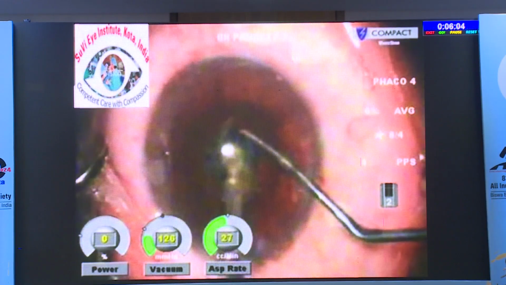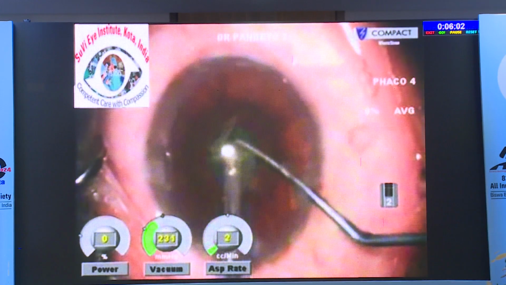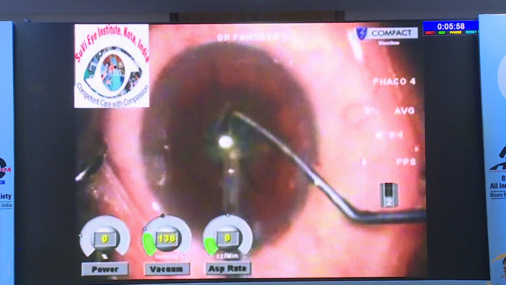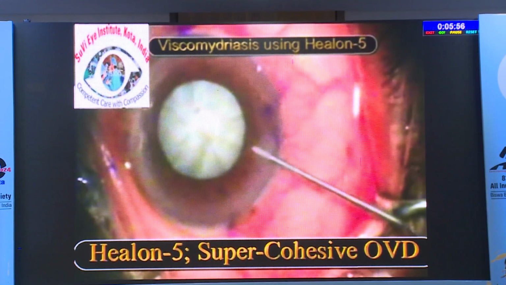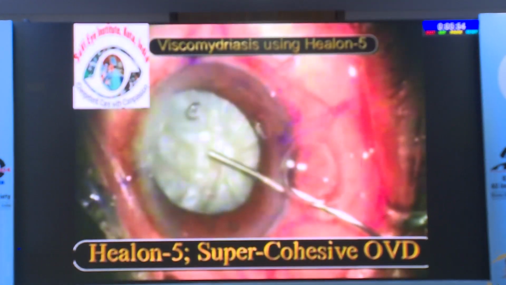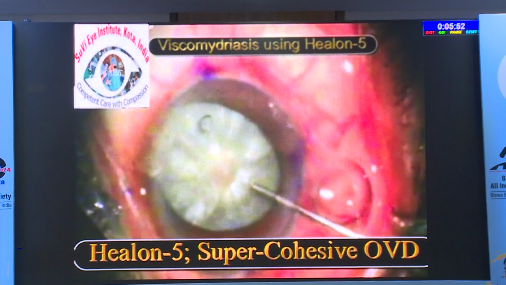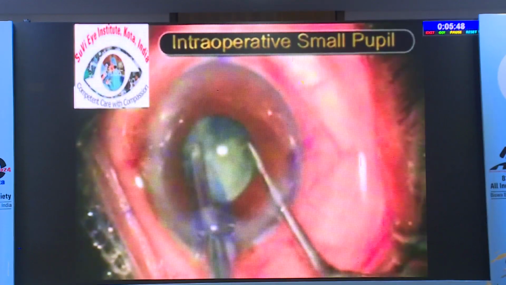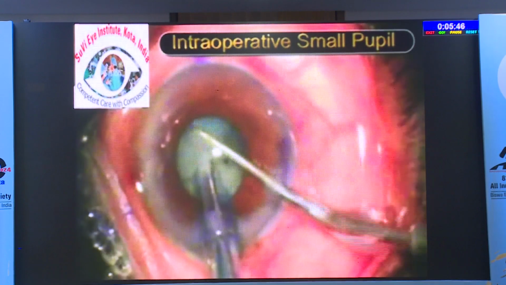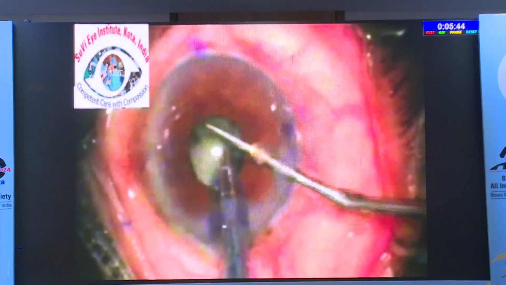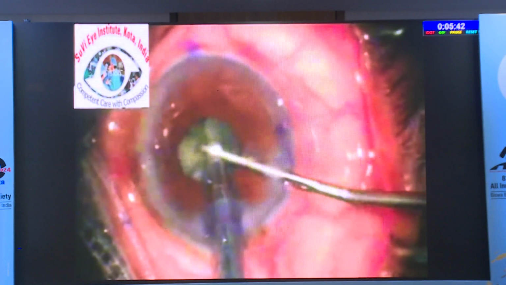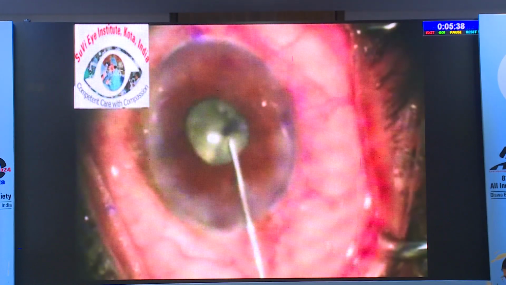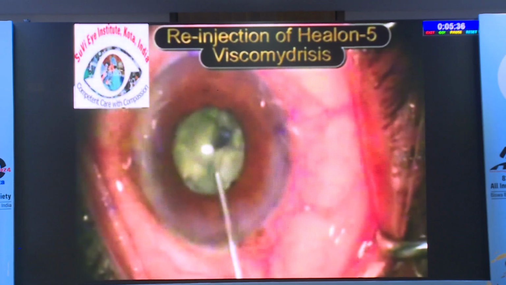The plane of the phacoemulsification should be a little anterior, but strike the balance; it should not be too anterior, and we should always be near the center of the pupil to avoid complications. Use Healon 5, a super cohesive viscoelastic device, and you should not overfill it. The chopper should be in the center of the pupil.